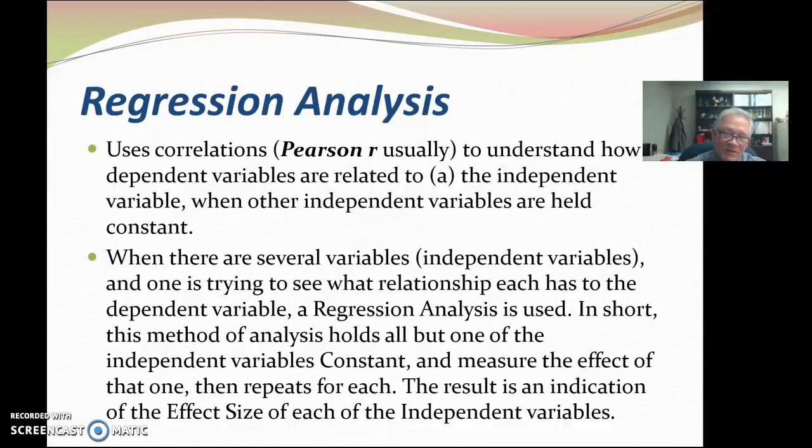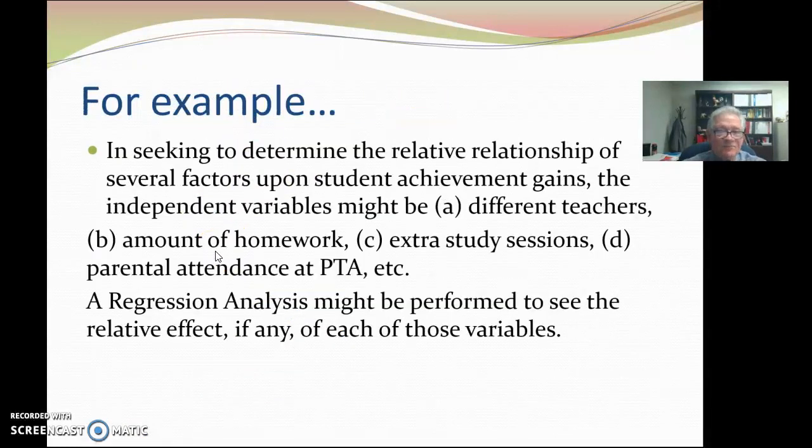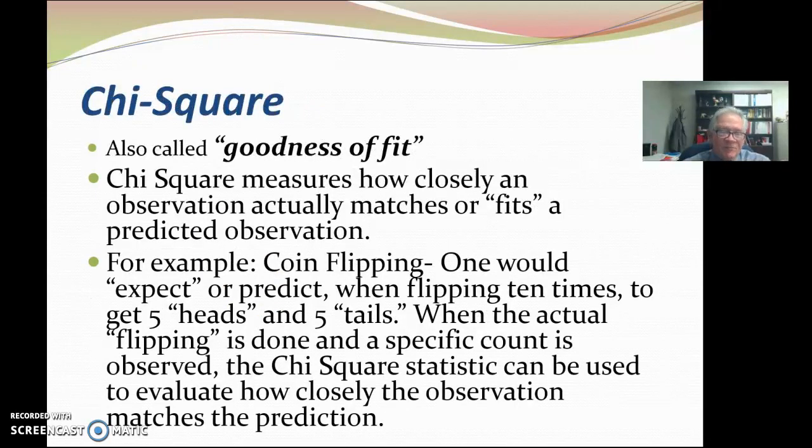In other words, you see the strength of the correlation and the effect of each of those variables on the final outcome using a regression analysis. All right, this page gives you another example of that, and I'm not going to take time to look at that. You can certainly read it for yourself.